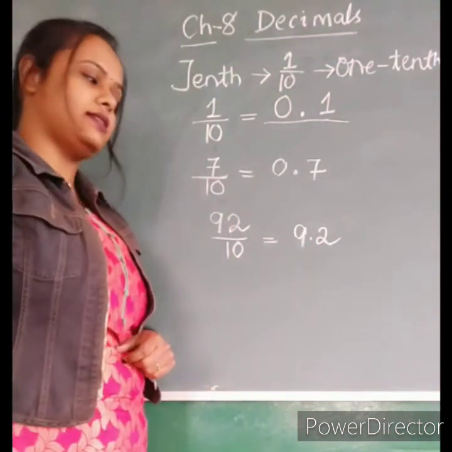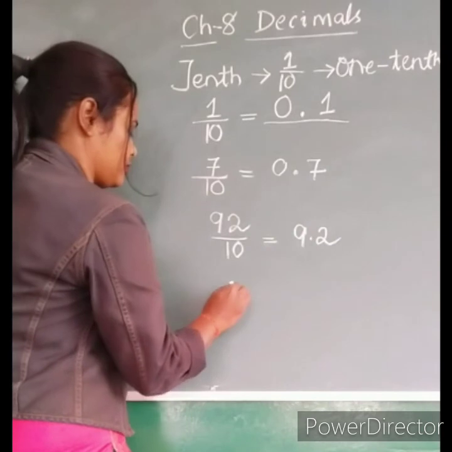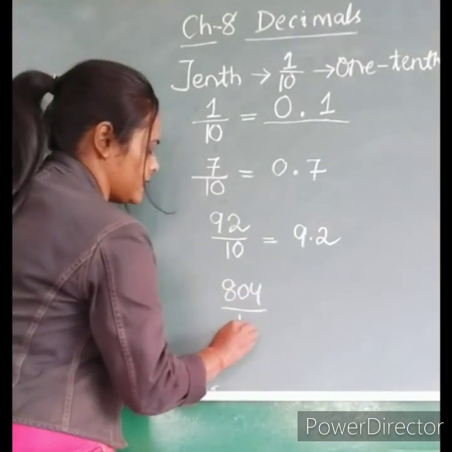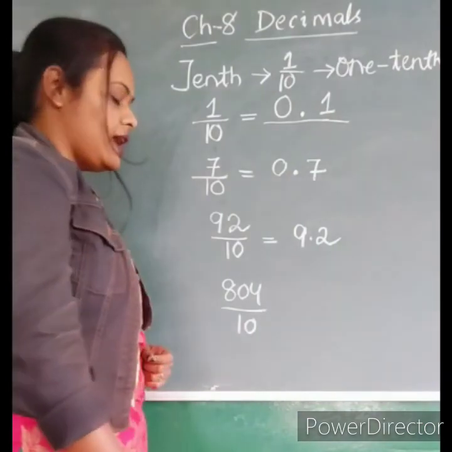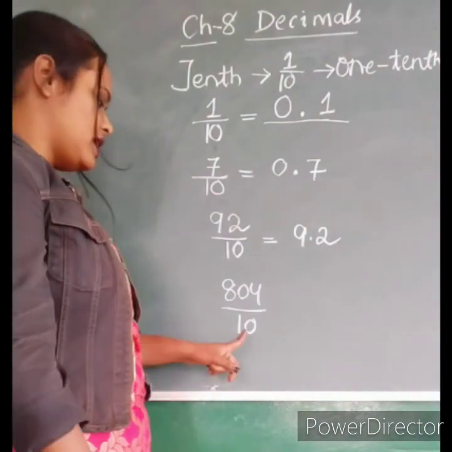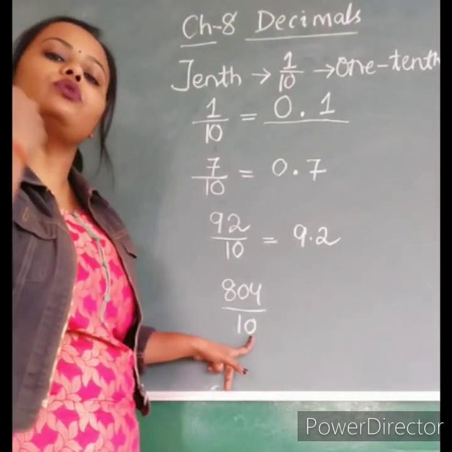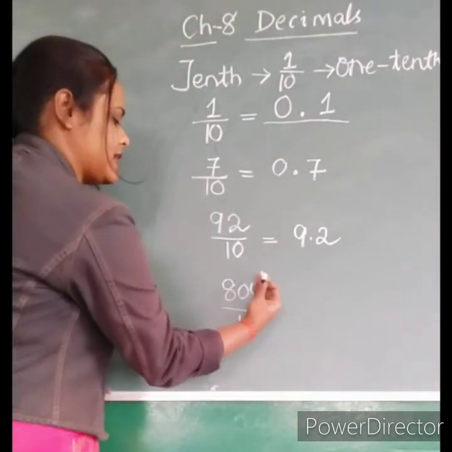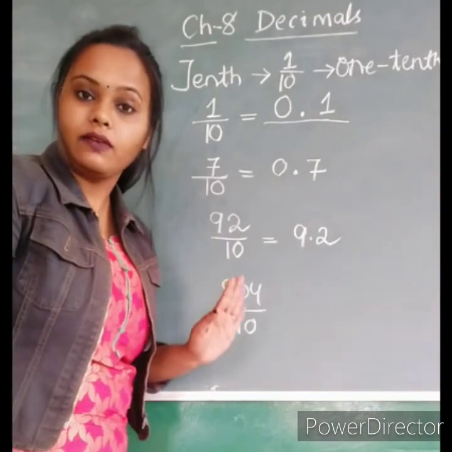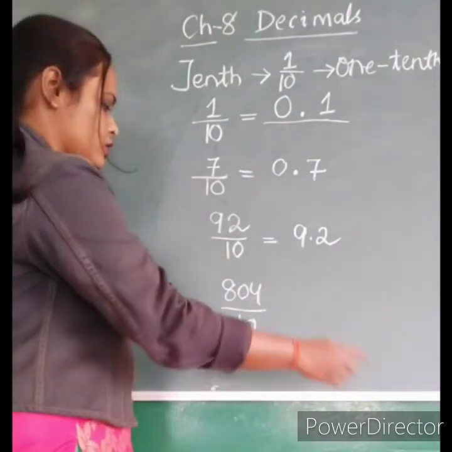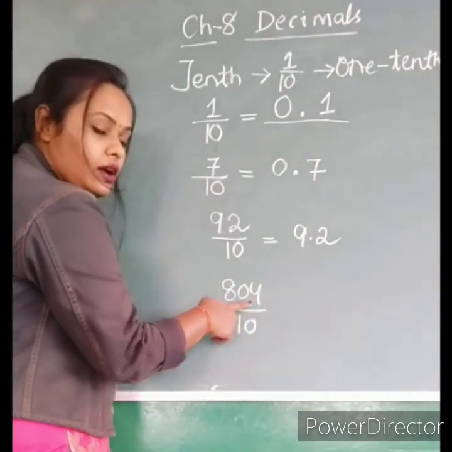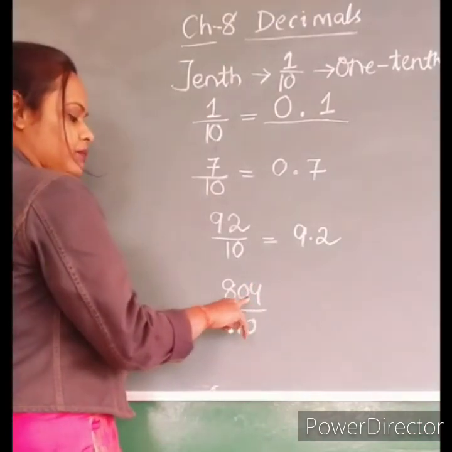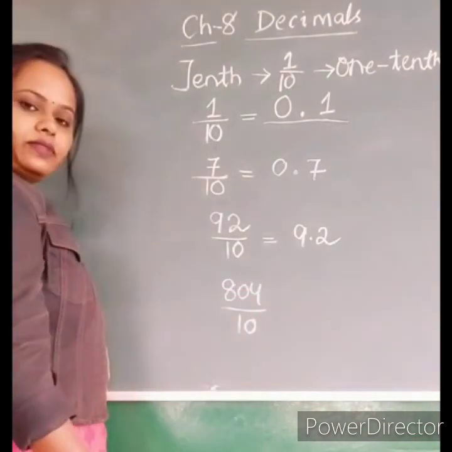Let us do another example. 804 by 10. As we are having 10 in the denominator, from the right hand side we will leave only one number. From the right hand side we are having 4. So we will leave 4 and put the point in front of that.